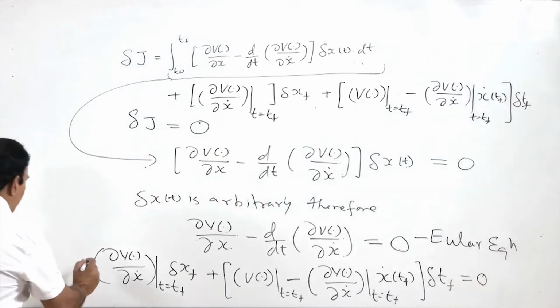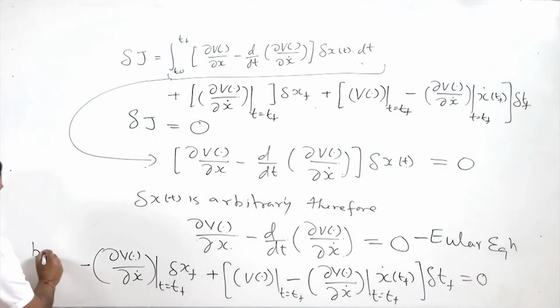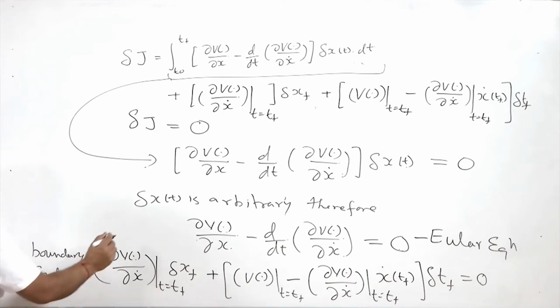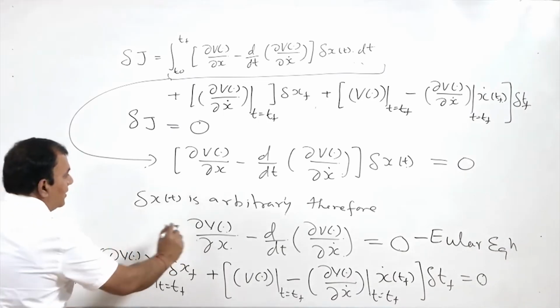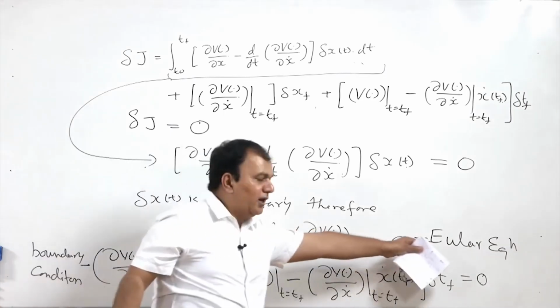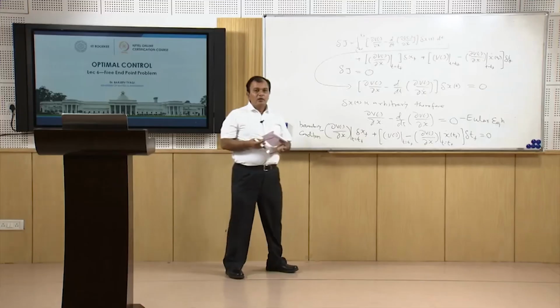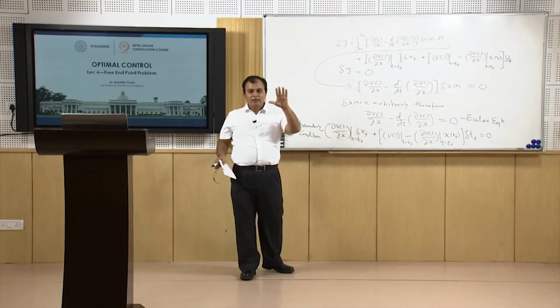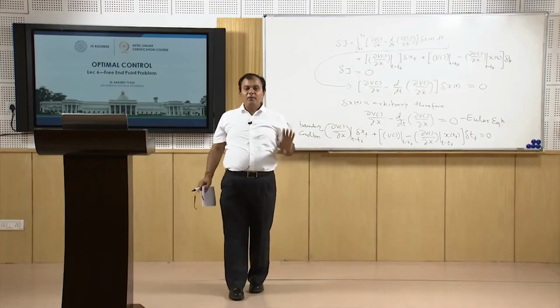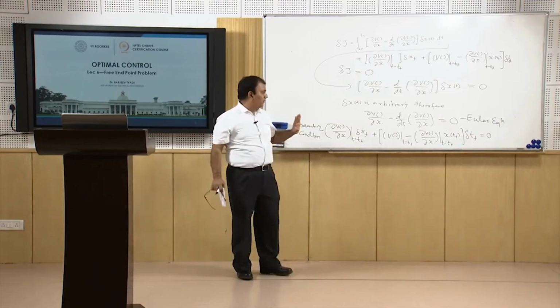So, this is the boundary condition, and this is my Euler equation to find out the optimum value of a given functional.